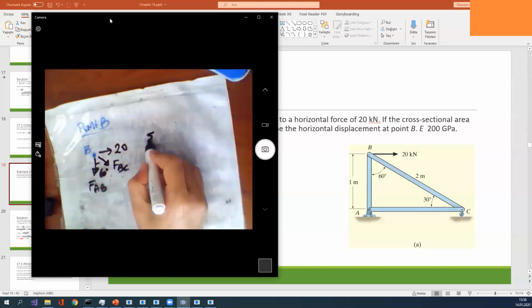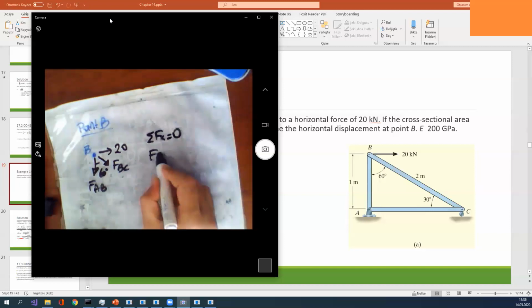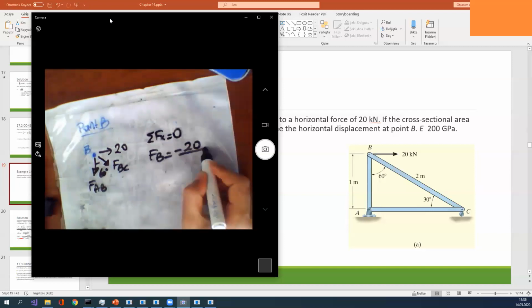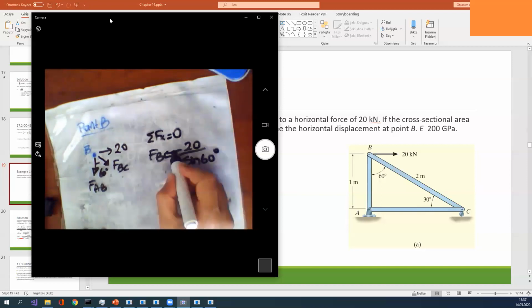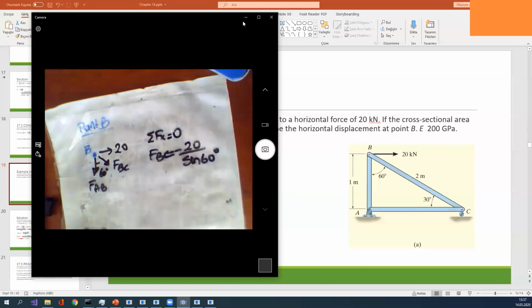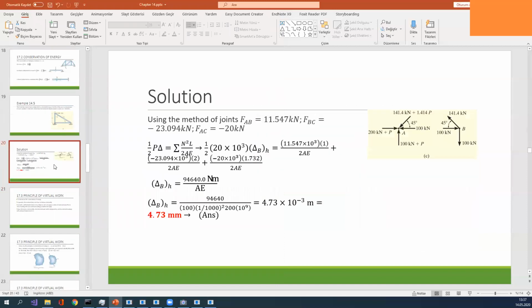Now sigma Fx is equal to 0, so FBC is equal to minus 20 divided by sine 60 degrees, which is minus 23.094.